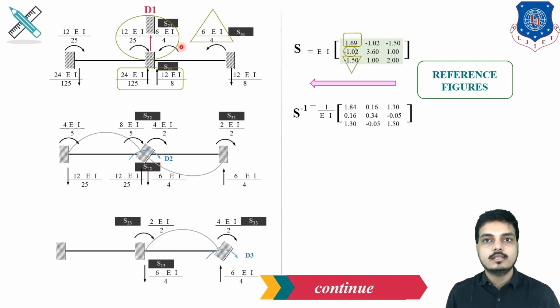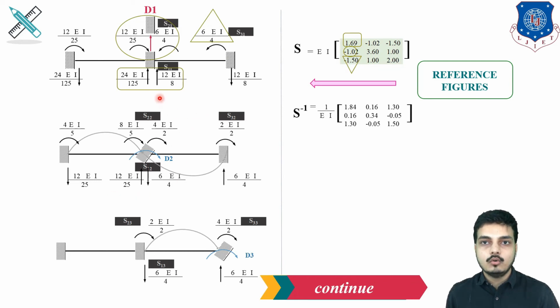This is clockwise and this is anti-clockwise. So 12 divided by 25 minus 6 by 4, I will get minus 1.02, and 6 by 4 is also going anti-clockwise, nothing but minus 1.5. So I have kept this in column number 1.